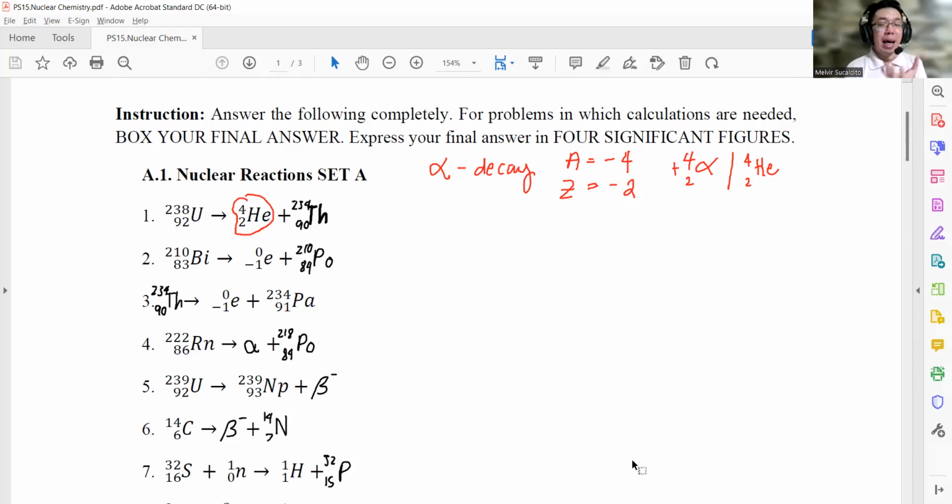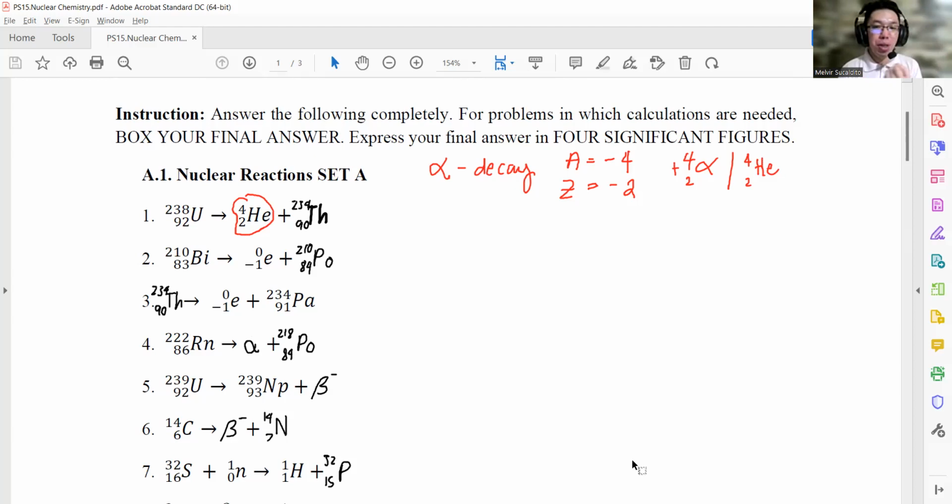Because your radioactive nuclei, we cannot easily predict them theoretically speaking. So kapag mga nuclear reactions, Josh, yung lahat ng tinuro ko sa'yo, yung alpha, beta, etc., those will be major reactions lang, kasi yun yung na-observe natin experimentally speaking.